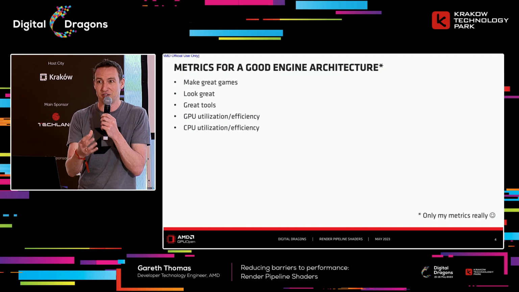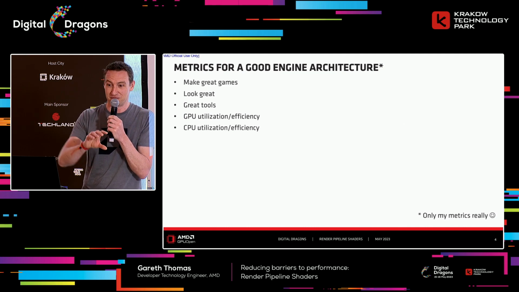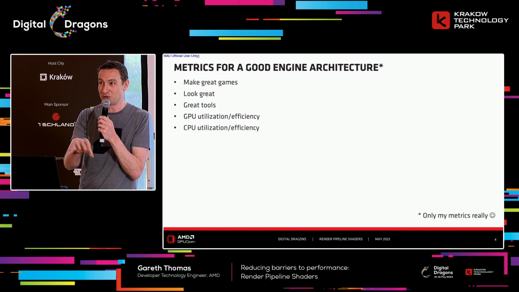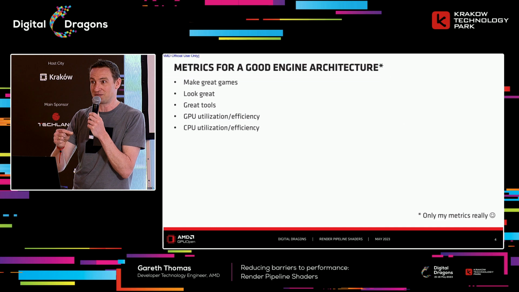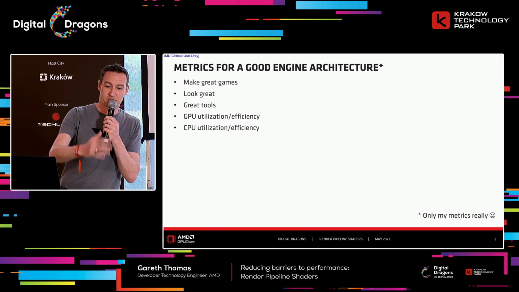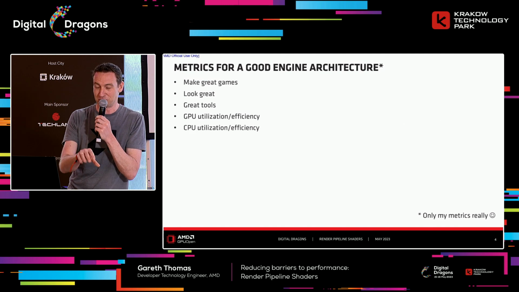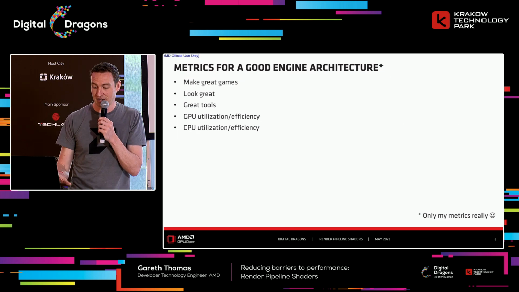Not to belittle the CPU work, but it's almost easier to go wide on your CPU cores and get the bottleneck off the CPU, and you get good gains from that, compared to trying to optimize for the GPU. That is, generally speaking, a harder problem. So we always try to get you to go wide on the CPU cores, and then once you're GPU bound, we can start looking at how efficiently you can feed the GPU, and that's really key to this talk.